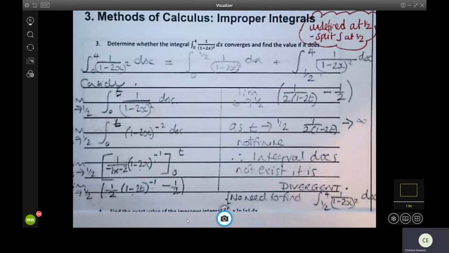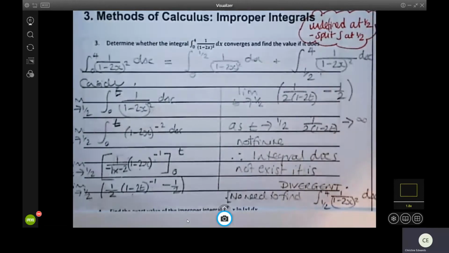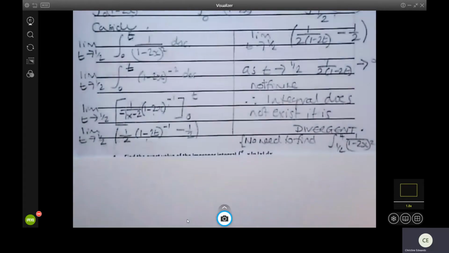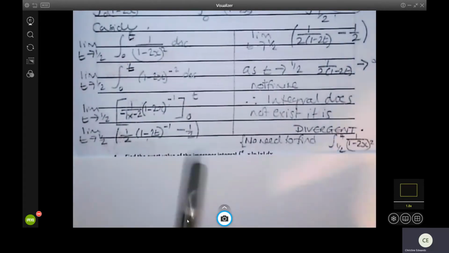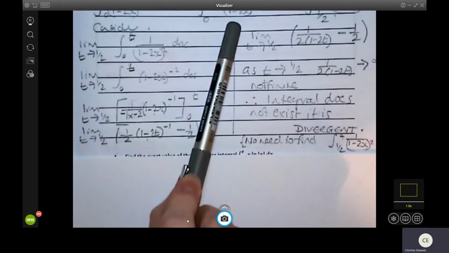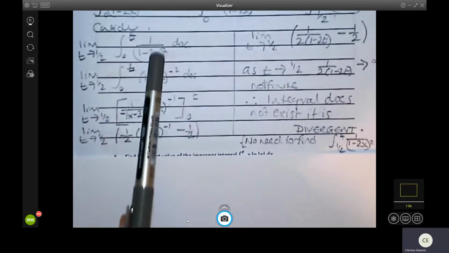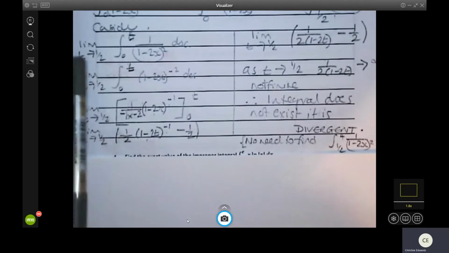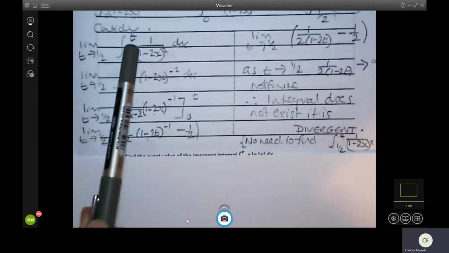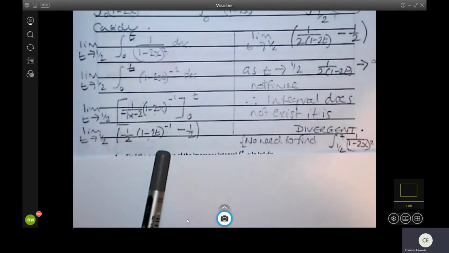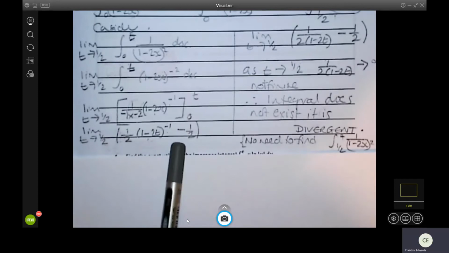Now, I'm going to consider these ones separately again, because what we're going to find in this case is that one of them diverges. So considering this one here, I undertake my integration and I am evaluating it as a limit as t tends to a half. So you can see that I've replaced the half with t. I've done the integration, I've subbed in.